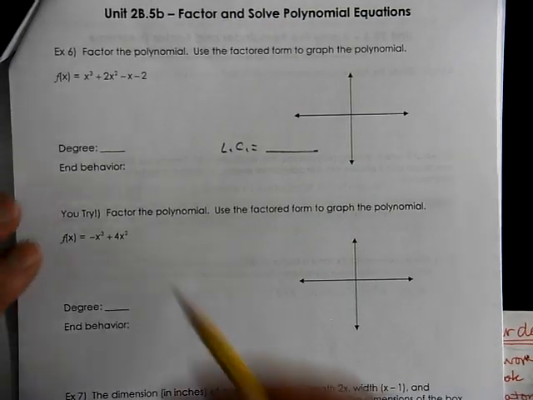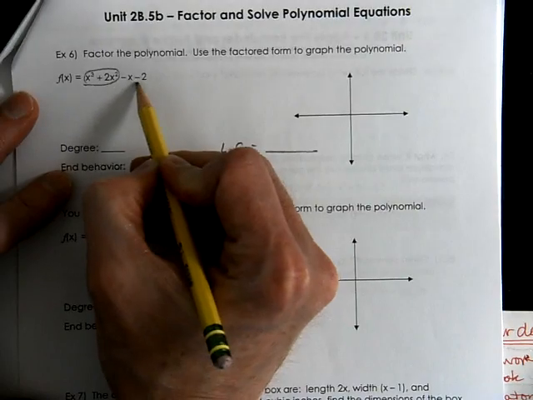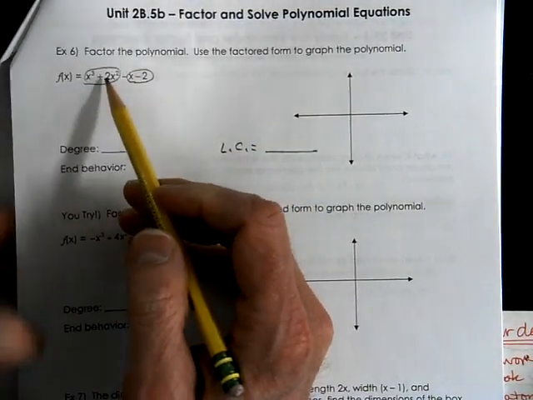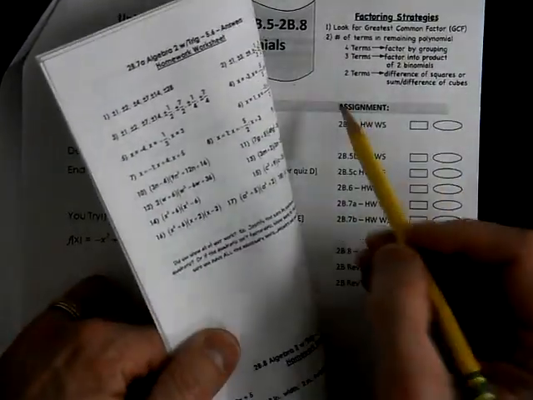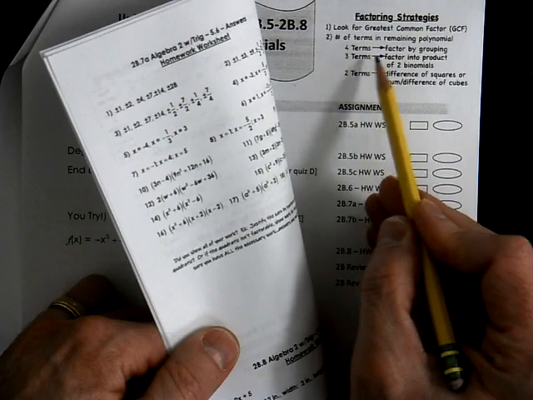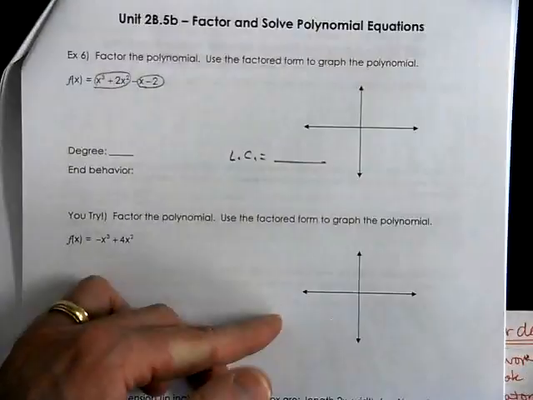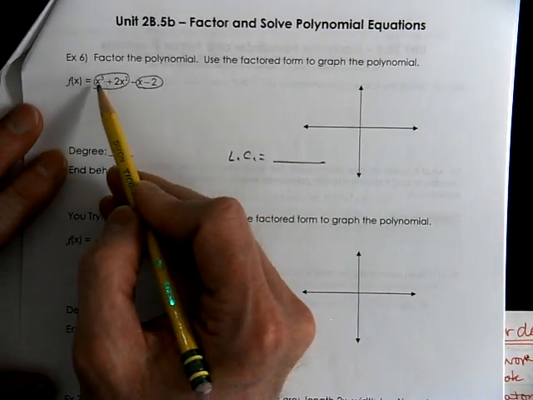All right, we're going to circle our first two terms, circle our last two terms. Remember, or recognize, that this has 4 terms to it. And in our notes it mentions that if we have 4 terms, we're going to factor by grouping. So, we're going to give this a try.